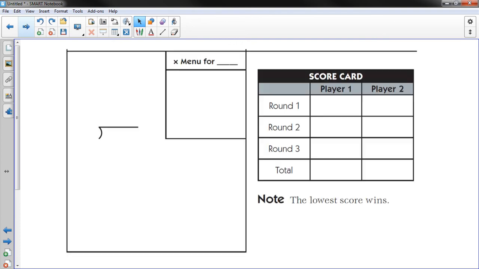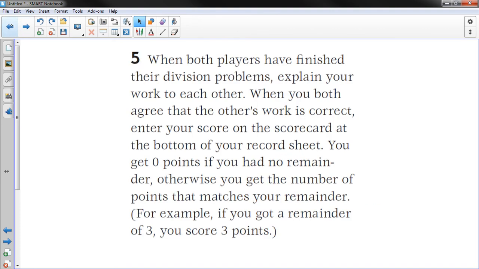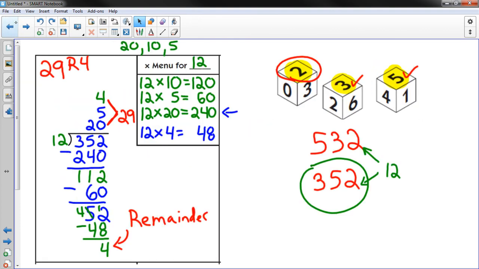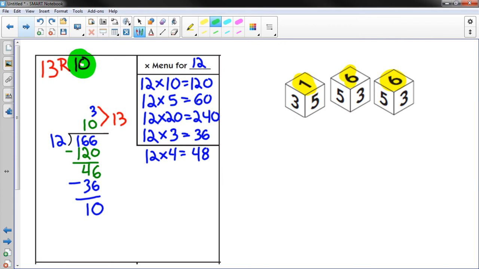So down below on the bottom, there's a round 1, round 2, round 3. We need to put our scores there. So player 1 had a remainder of 4, and player 2 had a remainder of 10.